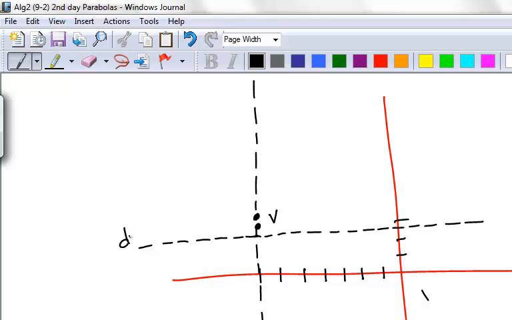This would be the directrix at y equals 2 and 7/8. This one is the axis of symmetry at x equals negative 7. And then we know it opens up. This one is actually the vertex and this one's the focus.